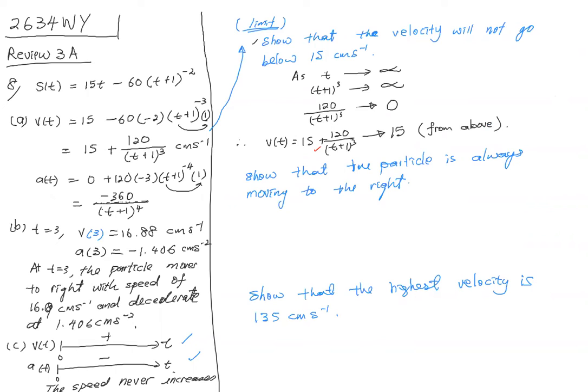Okay. So to answer this one, show that the particle is always moving to the right, I will answer it differently. So how should I start? How should I start, Bram?